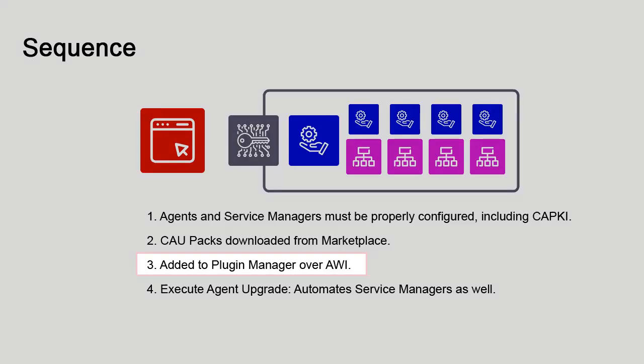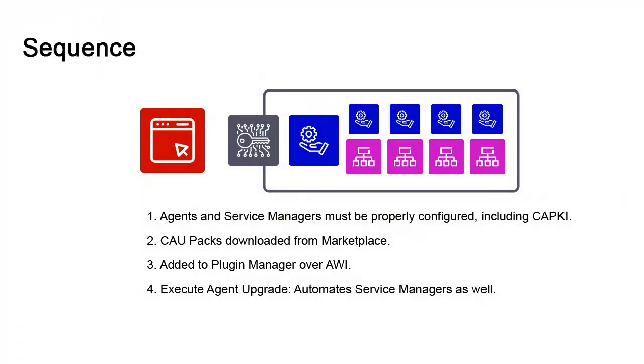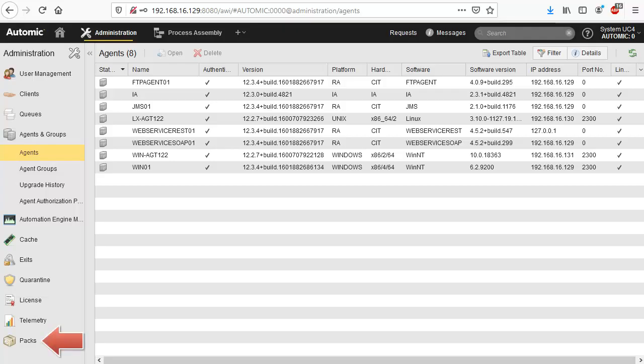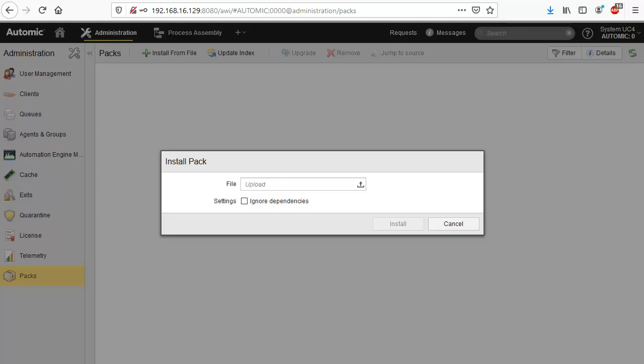The next step involves adding the two agent upgrade packs to Plugin Manager. Plugin Manager is found in the administration perspective. We're currently using Client 0 to upload the packs, but the upgrade itself can be performed in any other client as long as the user has the privilege Execute System Upgrade. We head to Packs to upload our packs. We run through this twice to install our two packs.